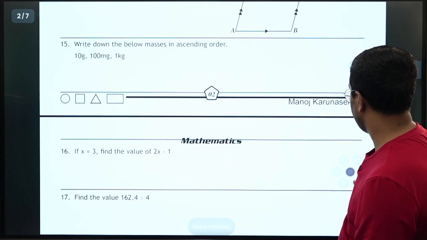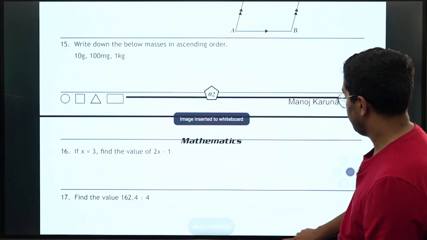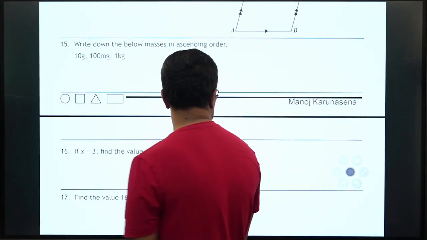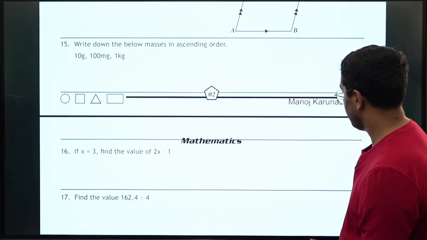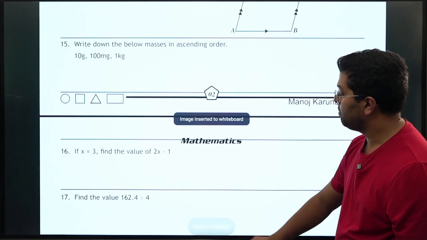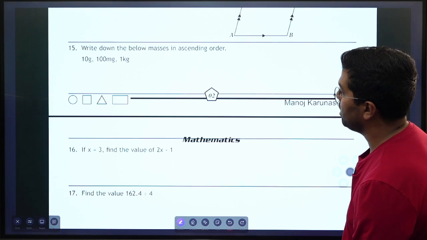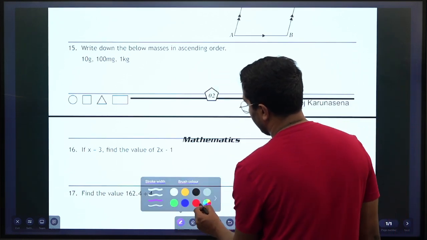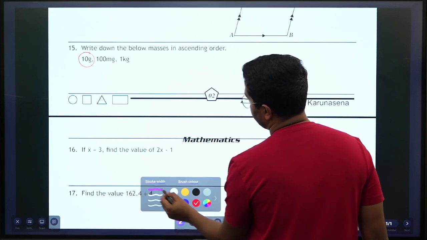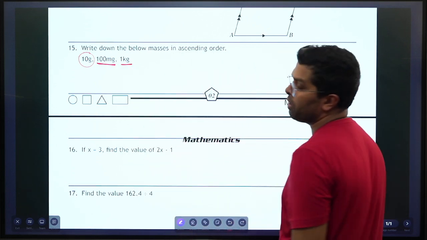Question number 15. Write down the below masses in ascending order. We have 10 grams, then the other one is 100 milligrams, and the other one is 1 kilogram.